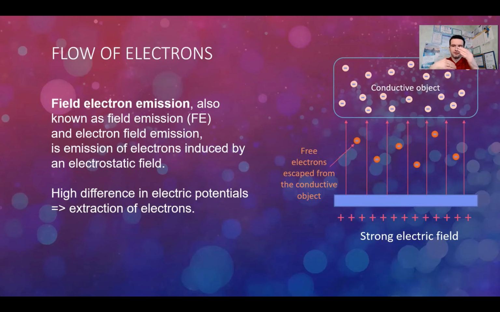Just because of this strong electric field, it attracts the electrons from the material, from this conductive object. And it doesn't matter if it's your finger or a piece of metal. They're both conductive. That means in both cases, electrons can be extracted. So electrons are attracted by this strong, high-intensity electromagnetic field, and they fly out to the air.